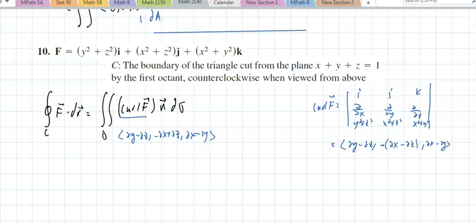There it is. If I want to know what the normal is, this is the plane. How do you find the normal to the plane? Well, the gradient of f divided by the magnitude of the gradient. The gradient is actually 1, 1, 1. And the length of that, isn't that radical 3?